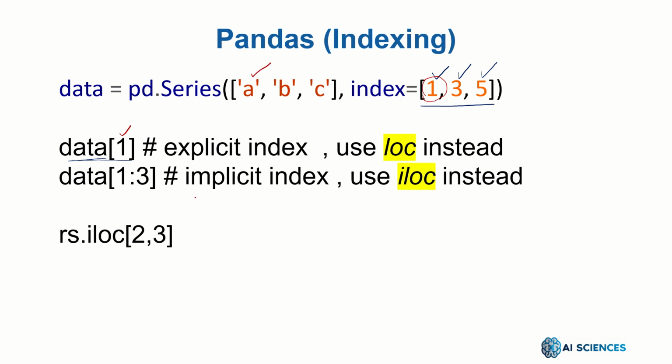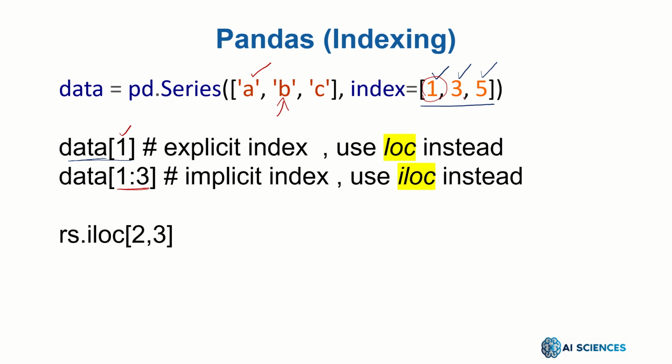Happy scenario, great. But if you do the slice notation, by default the slicing goes to implicit indices. That means start from the implicit index 1, which is here, and go till 3 and do not include 3, which means B and C will be printed. So this is a huge problem.